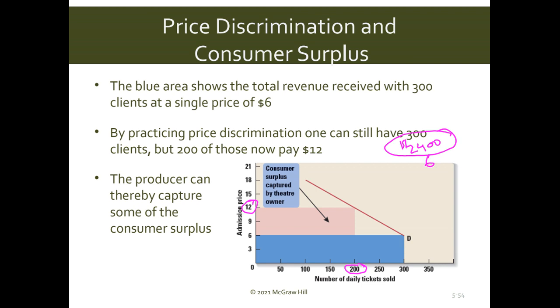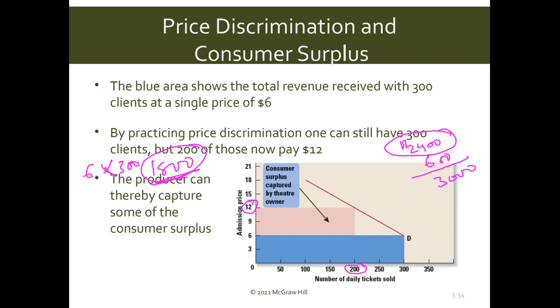So now look at this. Total is 3,000 instead of only 1,800. If you remember, 1,800 is basically 6 times 300. So when this seller was charging $6 per ticket for 300 tickets, this seller was receiving only 1,800.